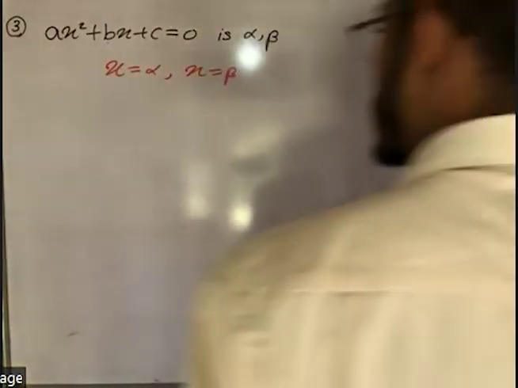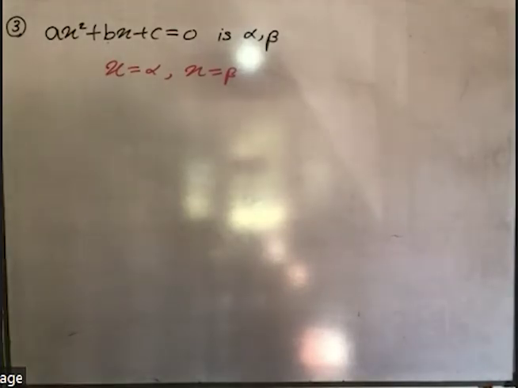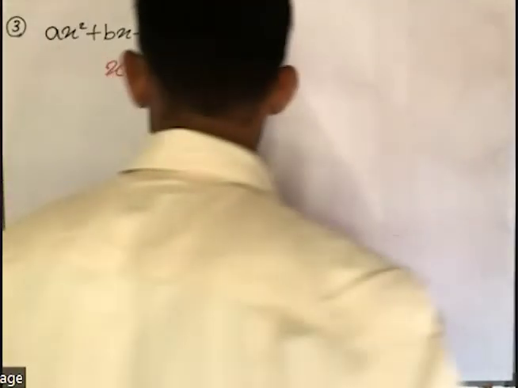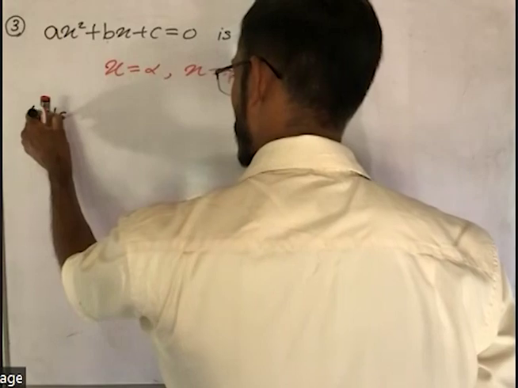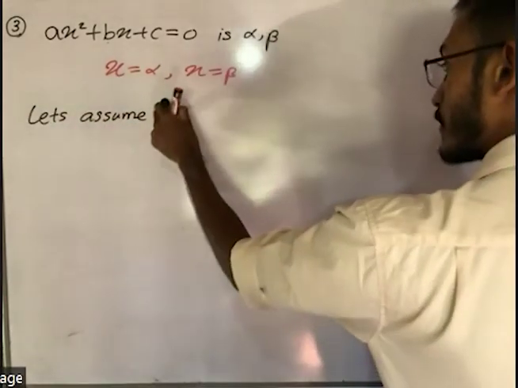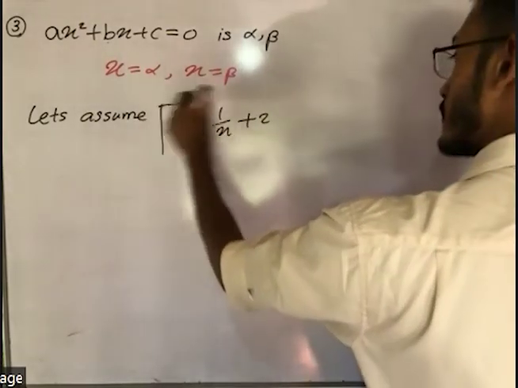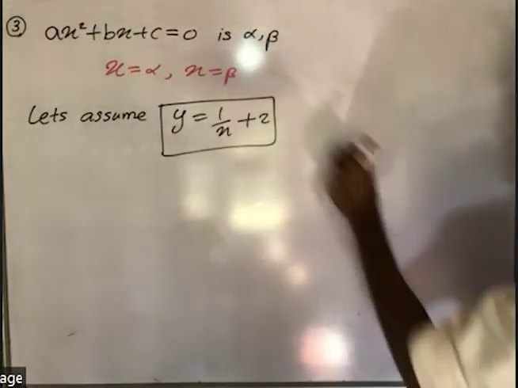That means we have to convert this equation to the equation we want, right? So let's assume y equal to 1 over x plus 2, an algebraic relation.